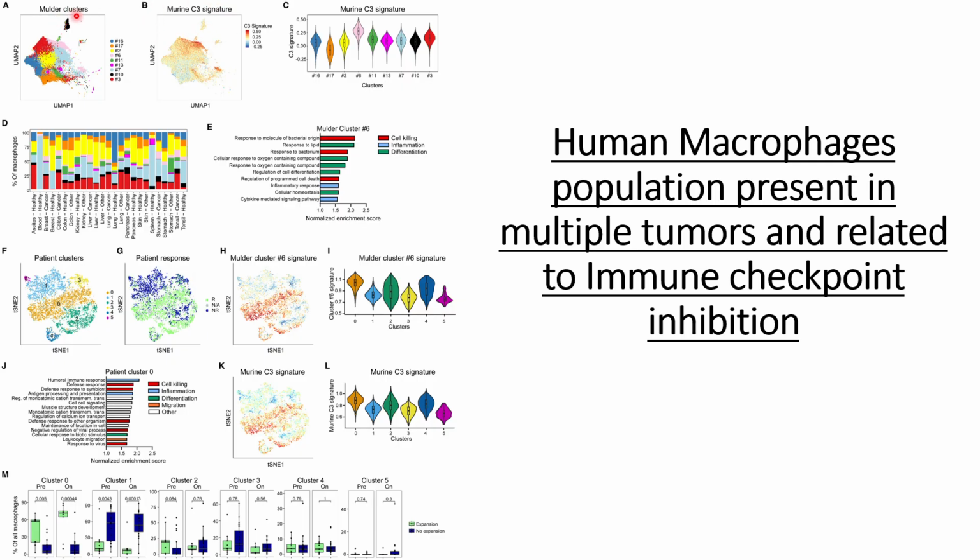When they overlapped this Mulder cluster with these murine C3 gene signatures, they found that Mulder cluster 6 is closely overlapping with these C3 signatures. And when they did further analysis on this Mulder cluster 6, they saw that in the healthy populations there are fewer of these late stage macrophage activation populations, but in the case of breast cancer, they see more.